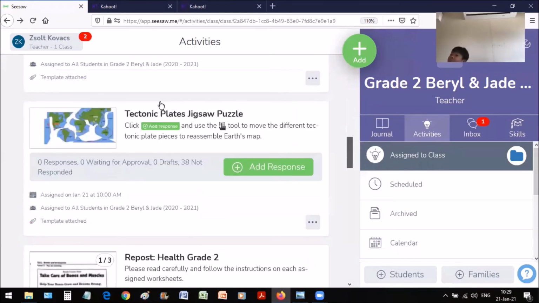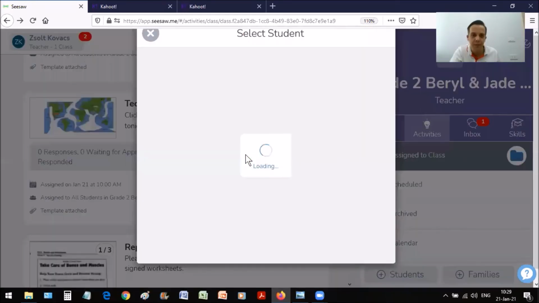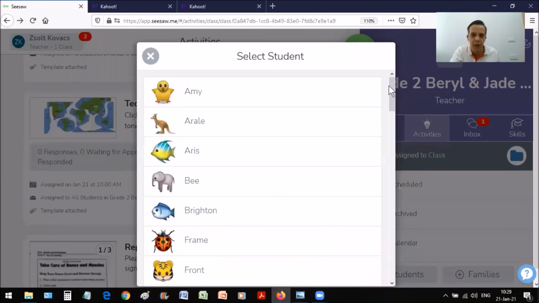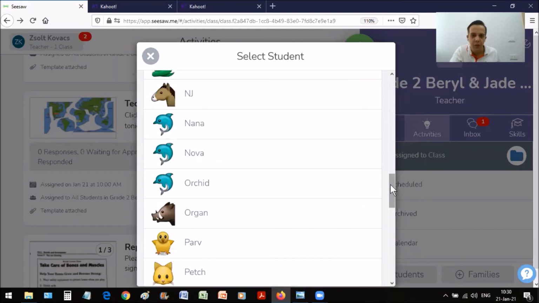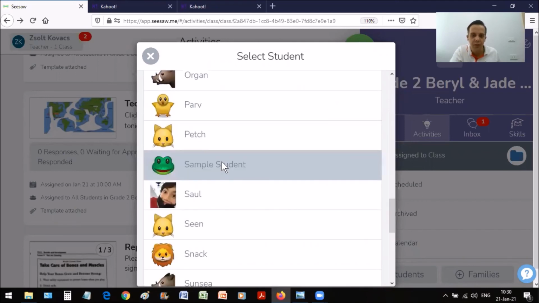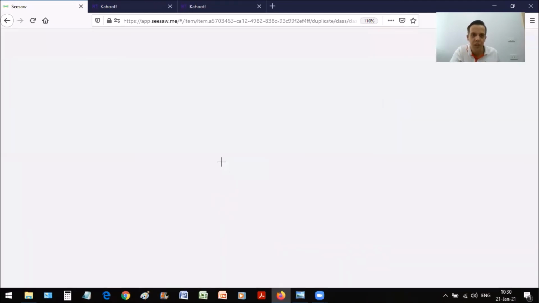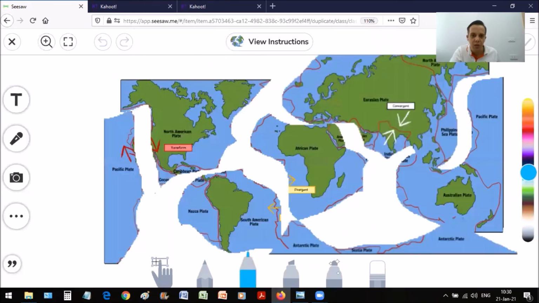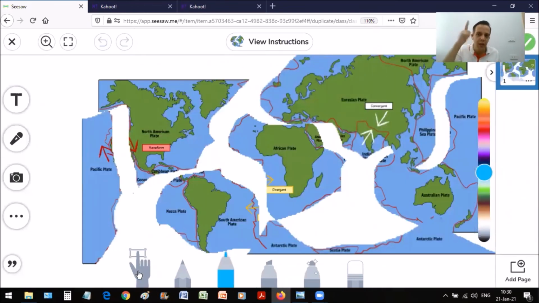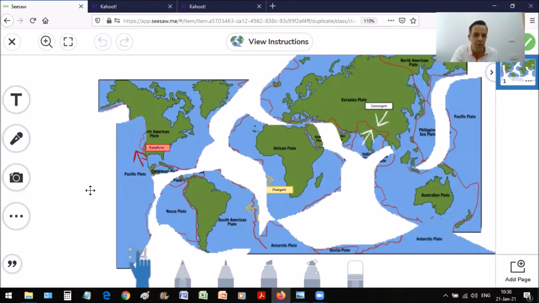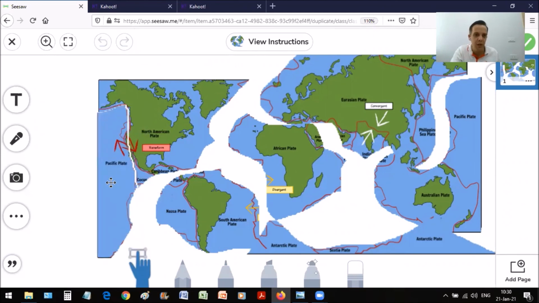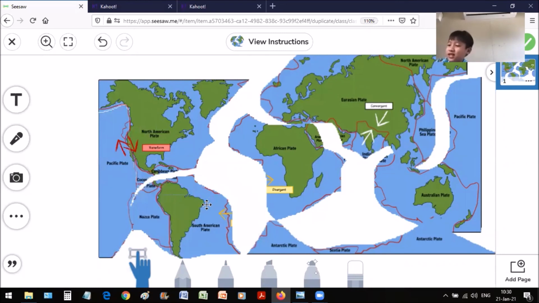Here, Jigsaw Puzzle of the Earth. I created this for you guys. If you don't have an orange at home, you can do the same here. This is actually easier than the orange. Again, you need to click this icon that looks like a hand with a finger pointing, and then you can move the pieces of the jigsaw around and try to put the map of the earth together.